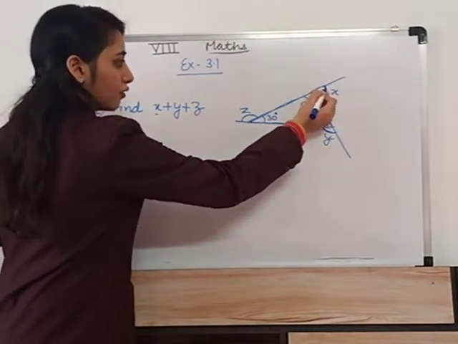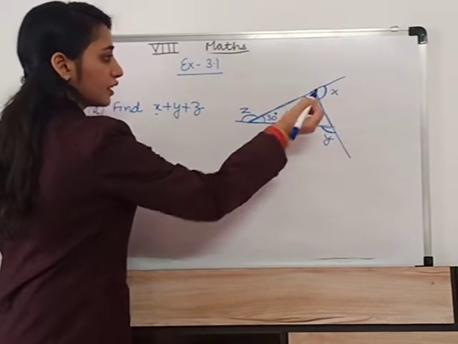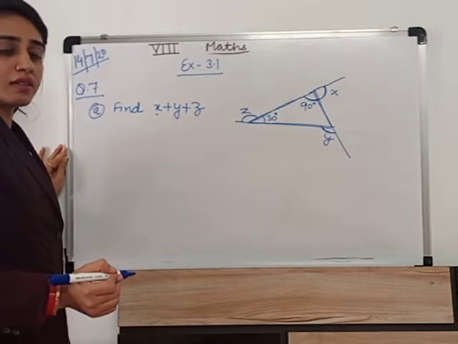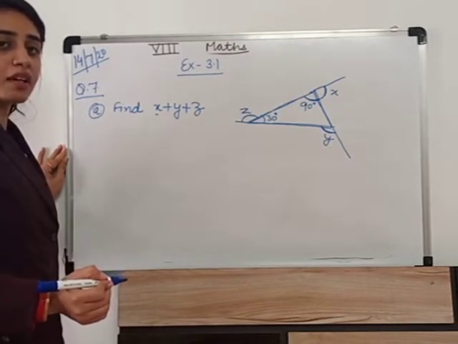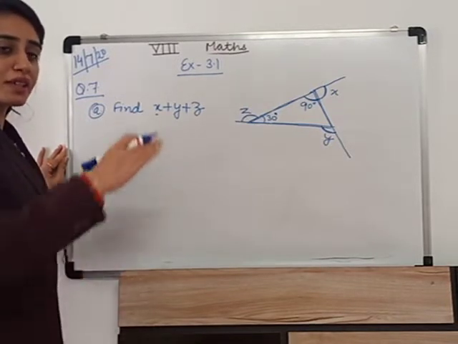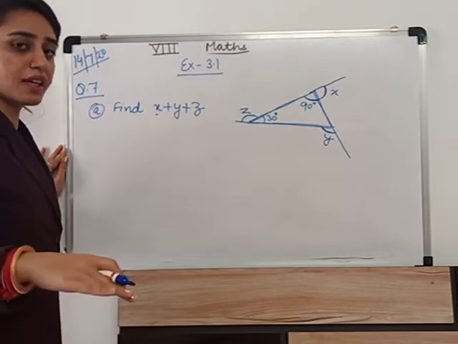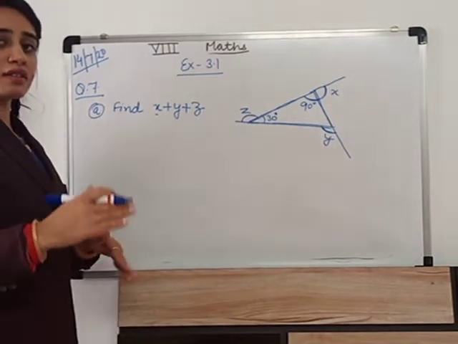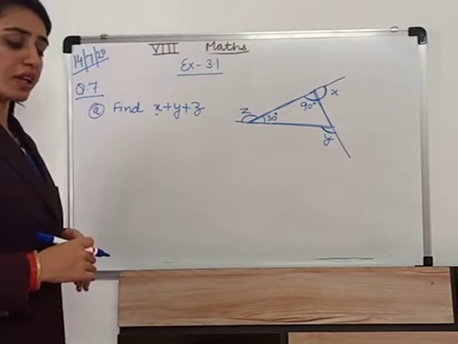See, angle x plus angle 90 degree, these are linear pair angles, and we know the sum of linear pair angles is 180 because these angles lie on a straight line, and when angles lie on a straight line their sum is equal to 180.